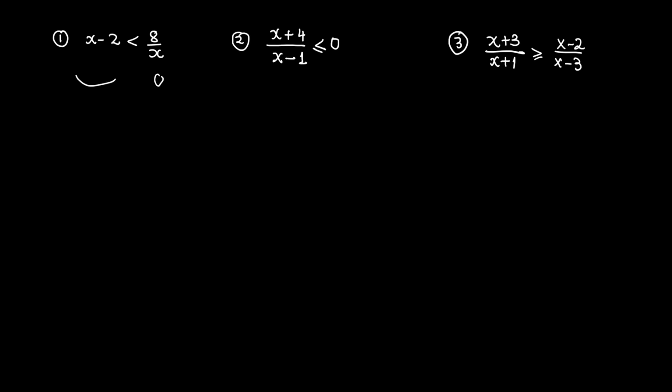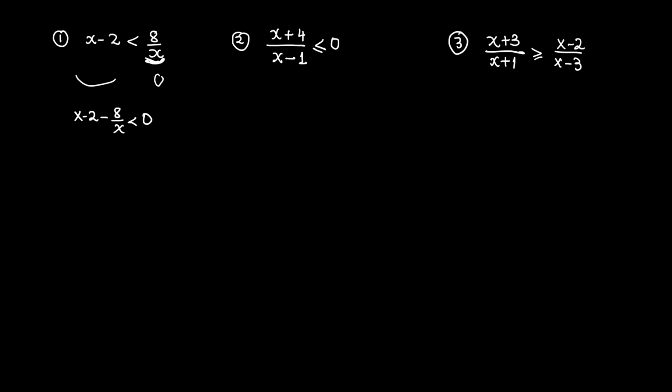That's the key. So for me to have that, I have 2 minus x. I have to take this expression here and put it on the other side. It's positive, becomes negative, less than 0, because nothing is left there.